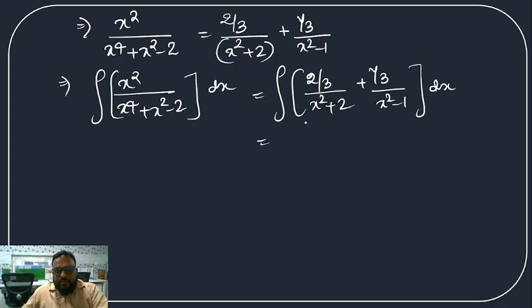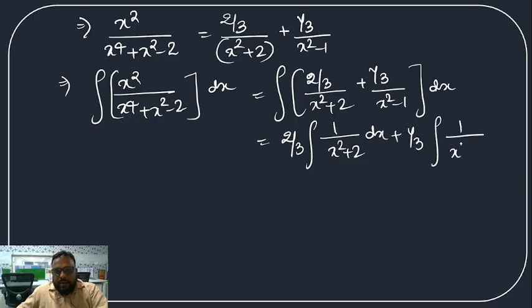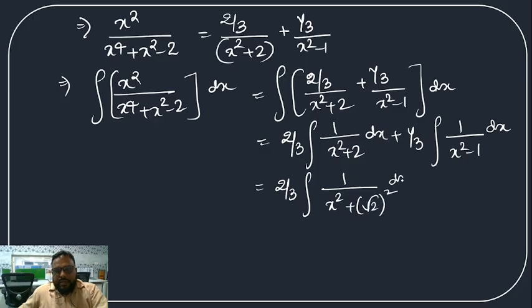When you separate this, I'll get 2 by 3 integration of 1 by x square plus 2 dx plus 1 by 3 integration of 1 by x square minus 1 dx. On further simplification, I can write it as 2 by 3 integration of 1 by x square plus root 2 whole square dx plus 1 by 3 integration of 1 by x square minus 1 square dx.